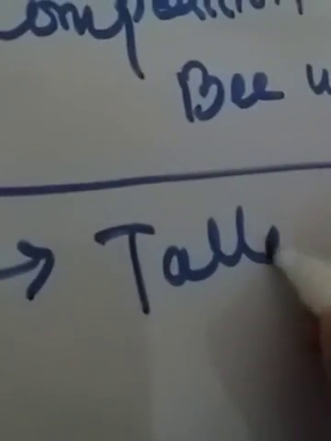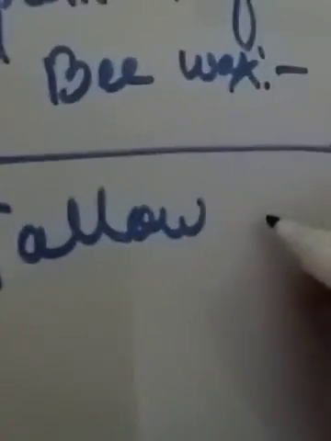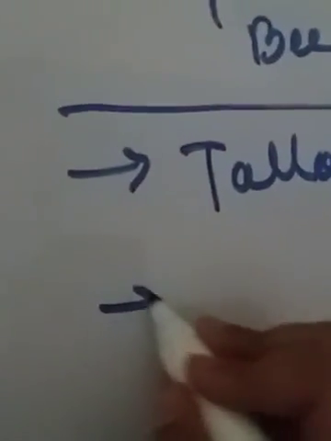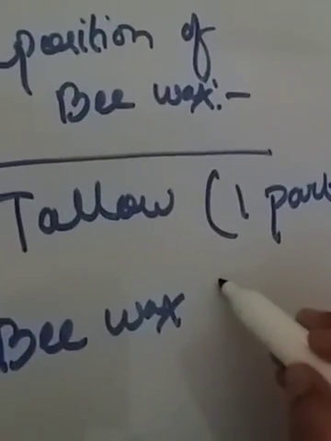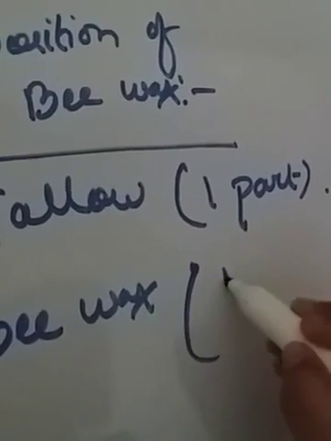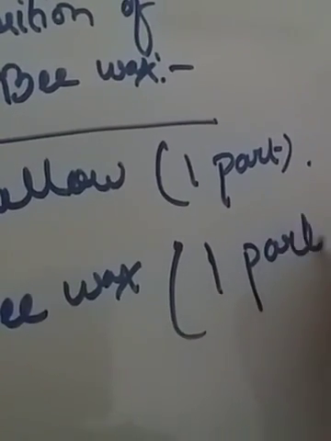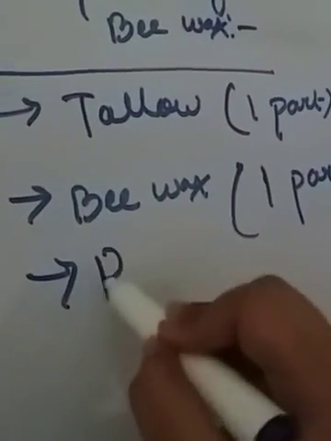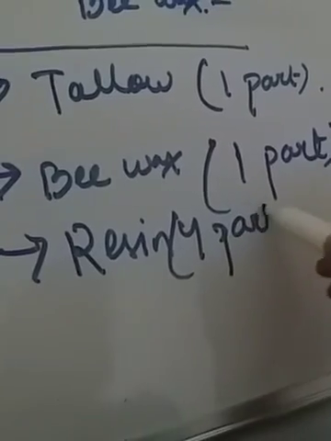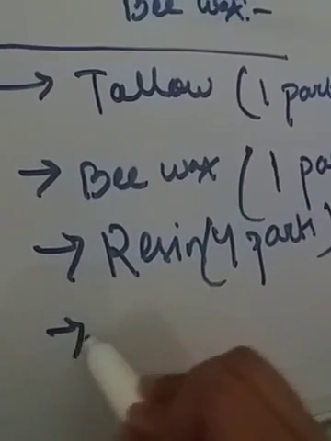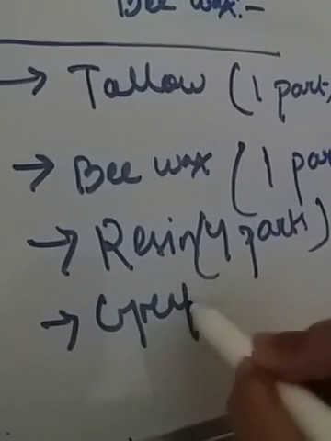Tallow, this is an organic compound. Tallow, one part. Beeswax, a wax from a bee house, like the hive, where the queen is. Then resin, 4 parts. Lastly, graft clay.